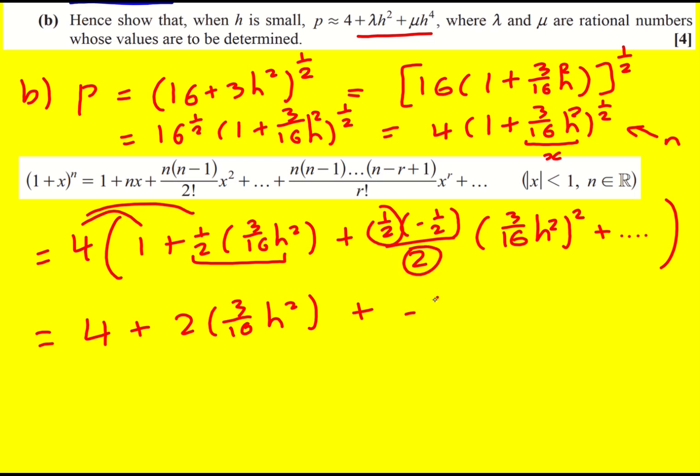So I'm just going to end up with minus a half, 3 over 16 H squared, plus some more terms, of course. So I'm going to do 2 divided by 16, that's going to give 1 over 8. So I'm going to get plus 3 over 8 H squared.